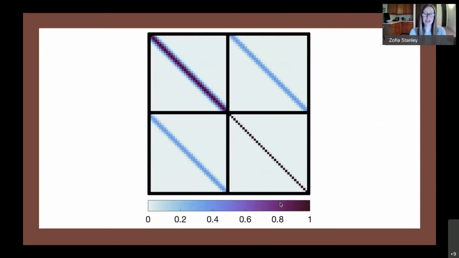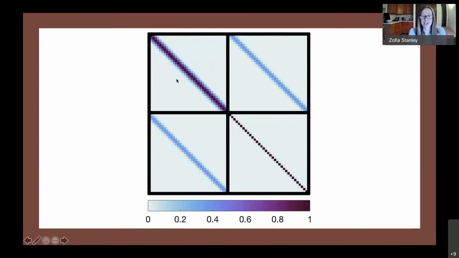The diagonal blocks might look familiar if you've seen localization matrices before. They have ones along the diagonal, and some off-diagonal elements that are non-zero as well, and then the rest are 0. So they are sparse matrices.